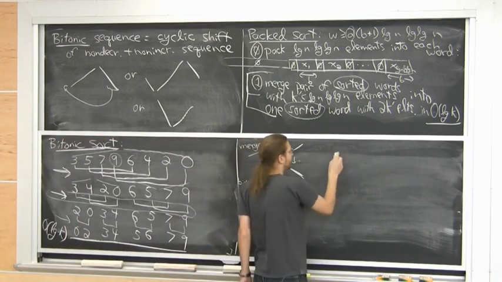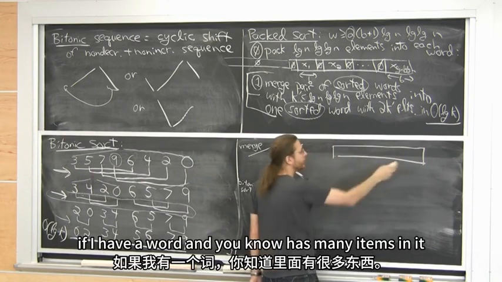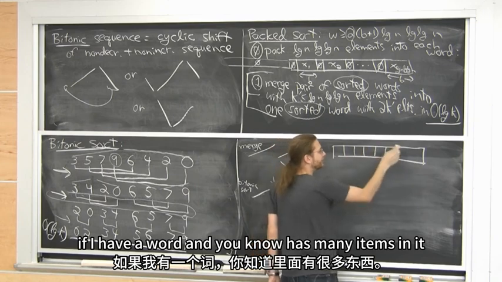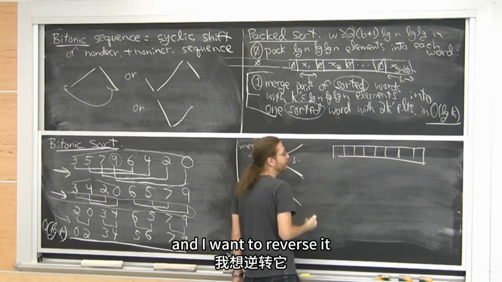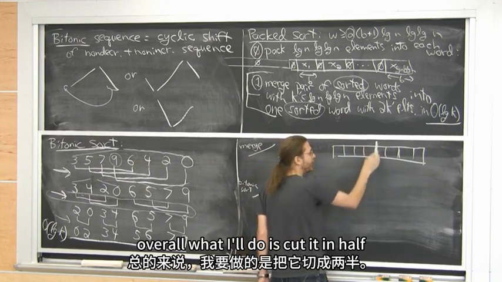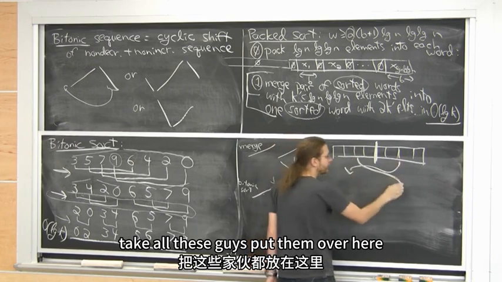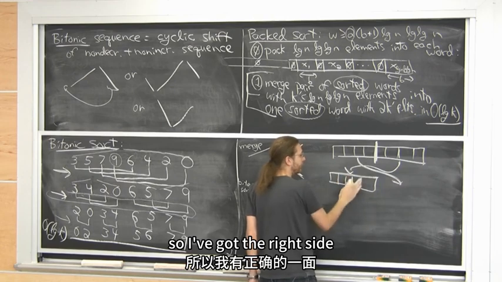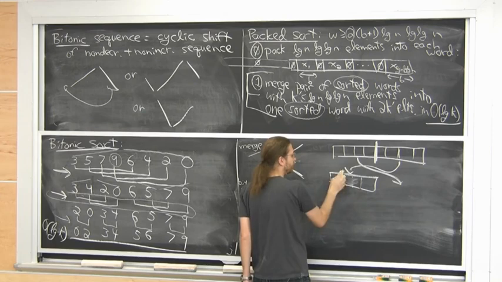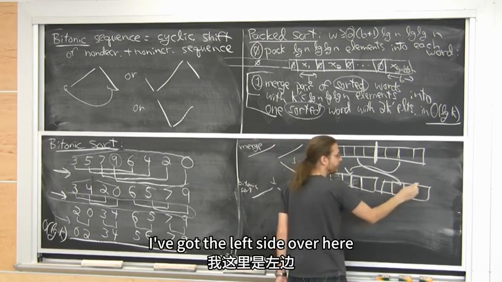Cute trick. If I have a word and it has many items in it, that's our setup here, and I want to reverse it overall, what I'll do is cut it in half. Take all these guys, put them over here. Take all these guys, put them over here. So I've got the right side. Sorry, it's only 4 cells over here. I've got the left side over here.